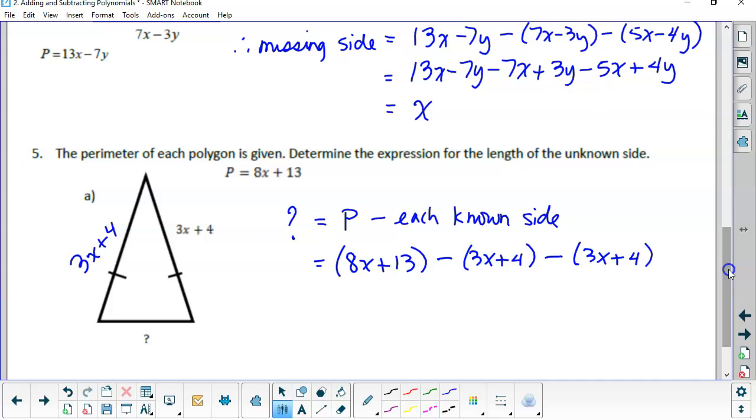Now, you could add 3x plus 4 twice, right? Double it, and then subtract, because they're exactly the same. But this is step by step. We'll do multiplying next week. So really, 8x plus 13 minus 3x minus 4 minus 3x minus 4.